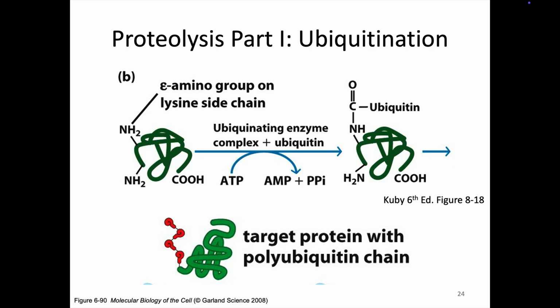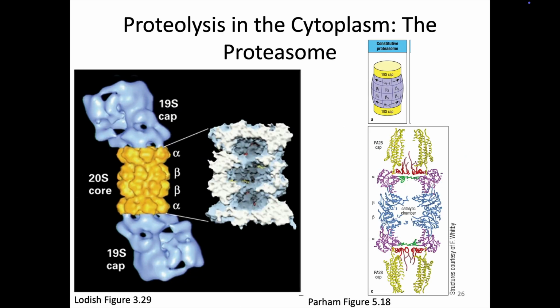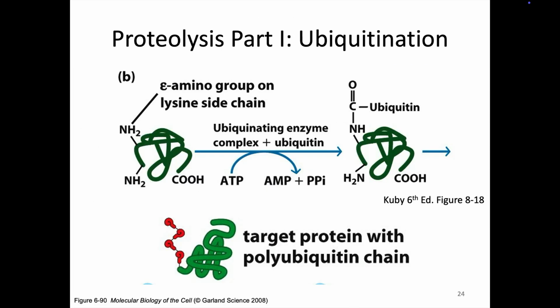If I was doing kind of classic cell biology, I would tell you that adding ubiquitin to a protein can give you multiple different outcomes. The outcomes are different based on how many ubiquitins you add and what kind of biochemical linkage you use to add them.